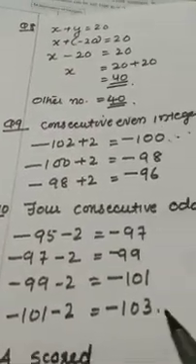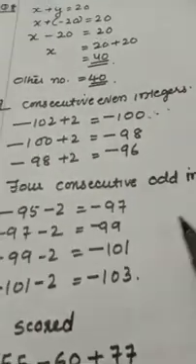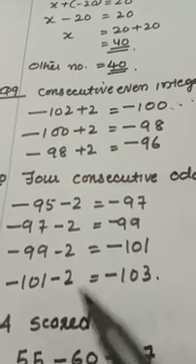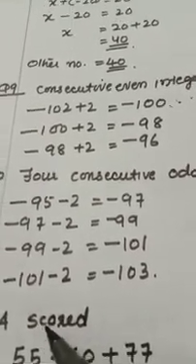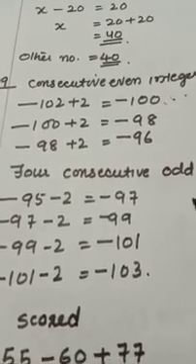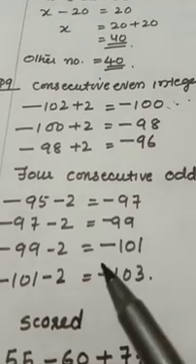Write any 4 consecutive odd integers preceding minus 95. Preceding means before minus 95, which are the consecutive odd integers. Okay, back. You have to move back. Then you have to subtract 2. See, 5 is an odd number. Which is the odd number just before 5? 3.